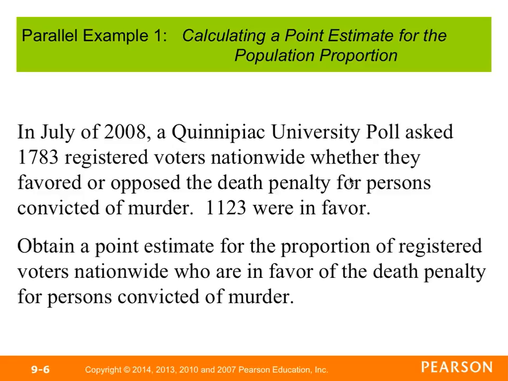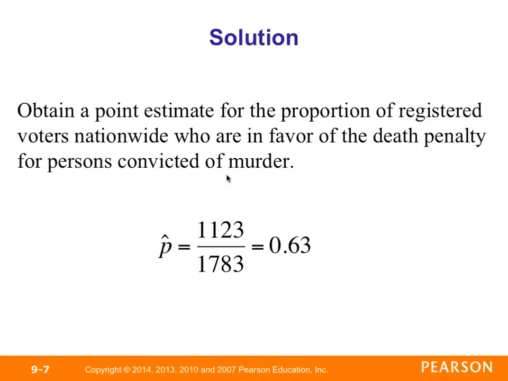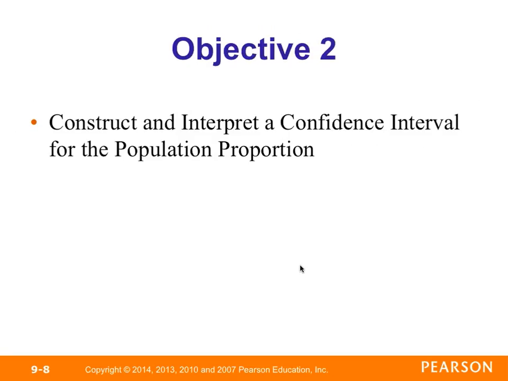If we want to obtain a point estimate for the proportion of registered voters nationwide who are in favor of the death penalty for persons convicted of murder, all we would do is take the 1,123 who were in favor from our sample and divide it by our sample size, which was 1783. If you divide that, you actually get 0.63. So that's going to be the point estimate that we're going to use for our registered voters nationwide, and it's based on our sample data.